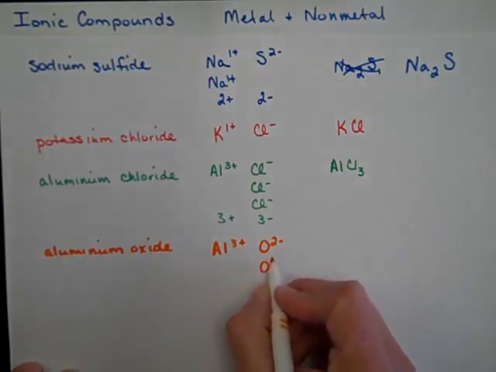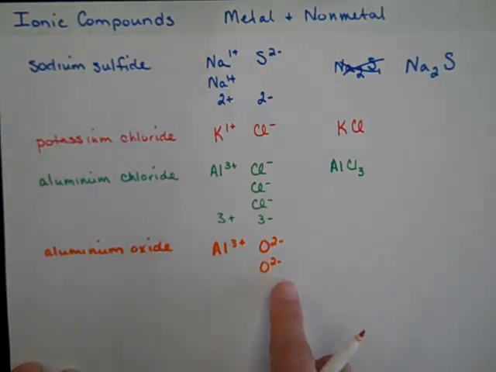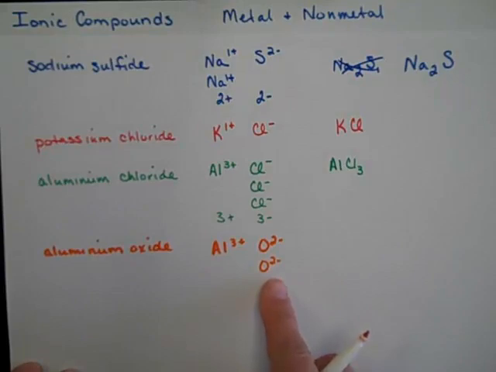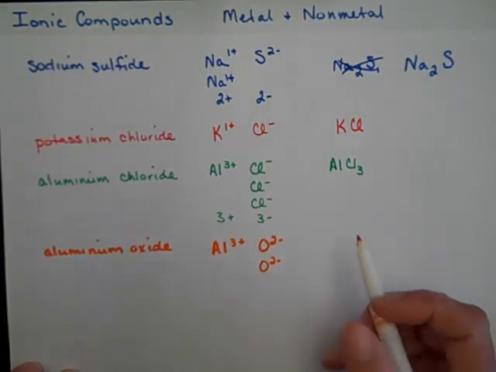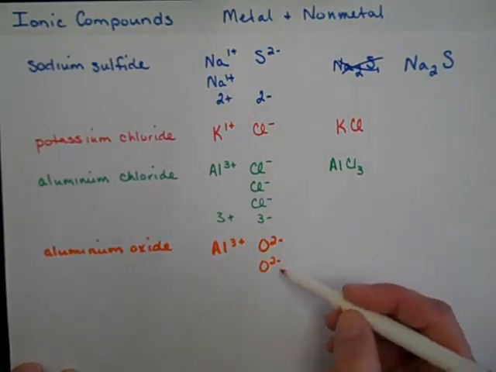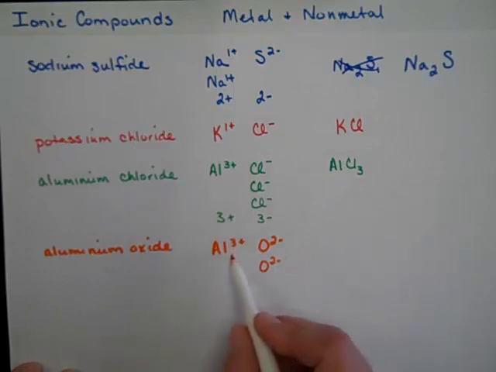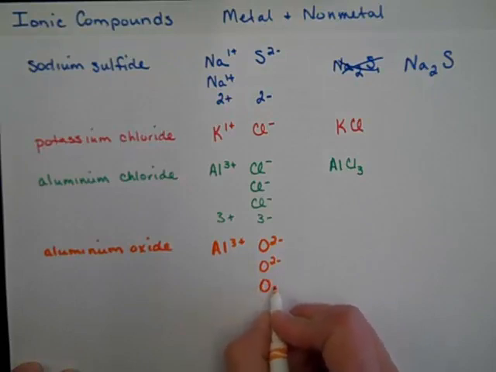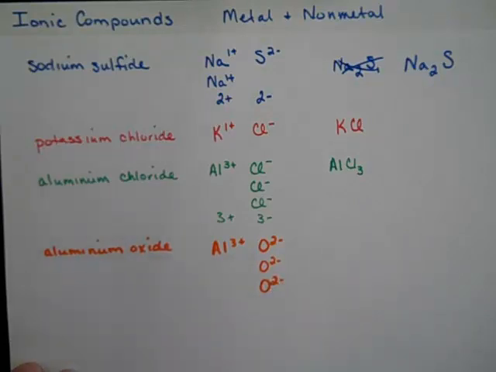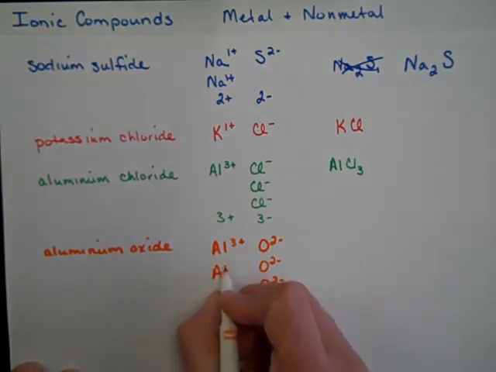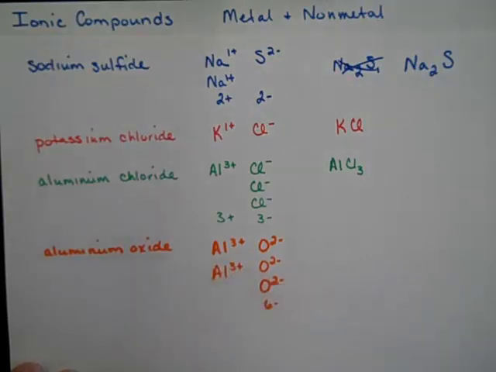But if we add another oxygen, oxygen has a 2 negative charge. So if we have 2 oxygens, this gives us now a total of 4 negative, which does not balance our 3 positive. However, if we get another oxygen in here, now we have a total of 6 negative charges, which we can make 6 positives by adding 1 more aluminum.